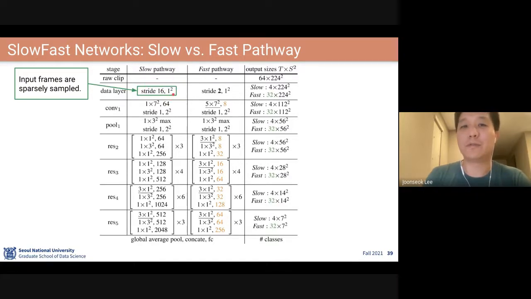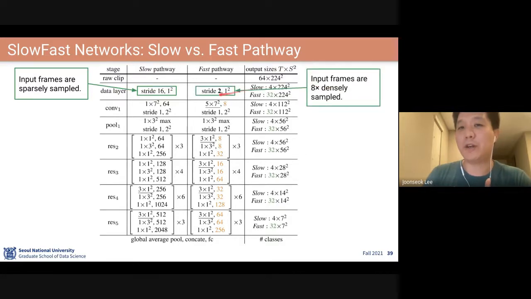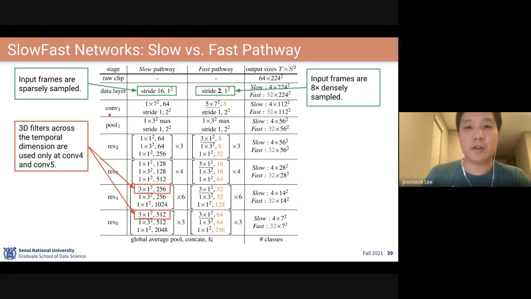So in their input, the stride size is 16, and for the pixel-wise, they don't sample, so it's just 1. And for the fast pathway, they have 8 times denser sampling rates. That's what I already talked about. And then in the next layers, they apply convolutions.